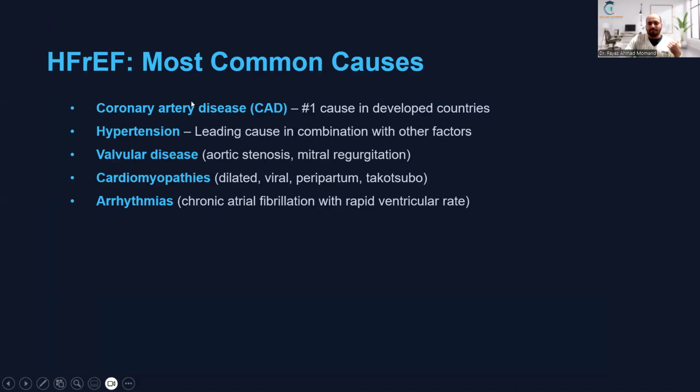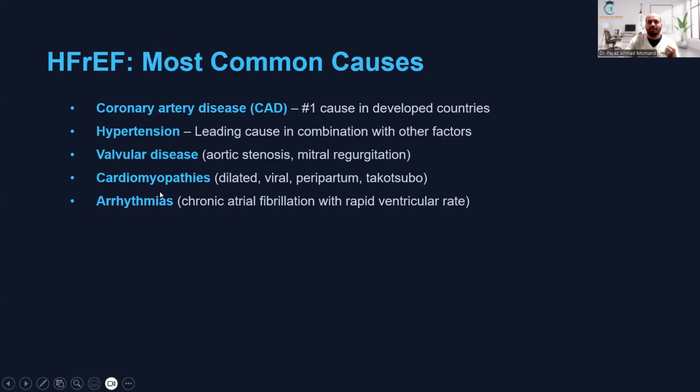Now, heart failure with reduced ejection fraction. Most common causes include coronary artery disease, like an ischemic event or acute coronary syndrome. Hypertension is a risk factor for developing it. Valvular disease like aortic stenosis, mitral regurgitation can cause heart failure with reduced ejection fraction, where the systolic function is affected.